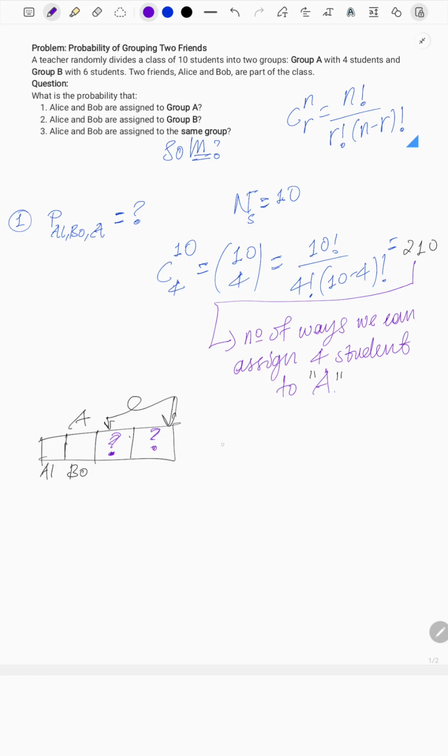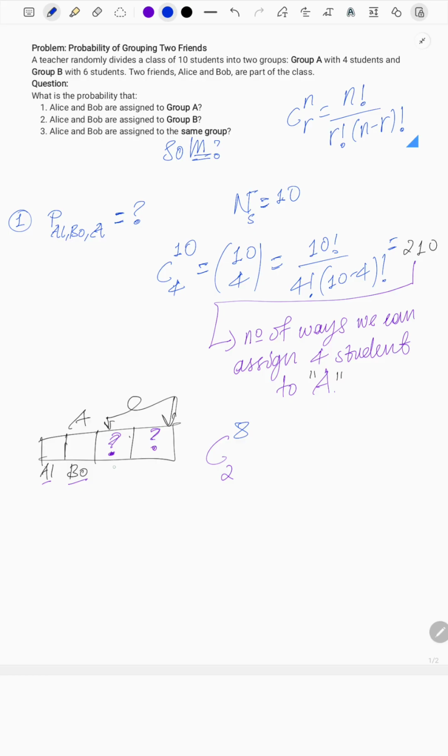Here we have to be careful. We should not choose 2 from 10 because we are assuming Alice and Bob are going to be in the group. So the total number of students is going to be decreased by 2. So we have 8 here as the remaining total number of students because we are assuming Alice and Bob are in the group already.